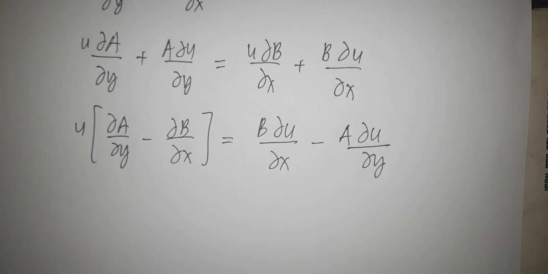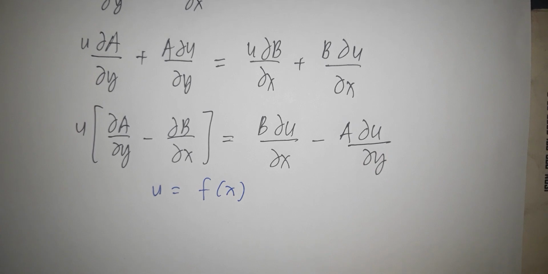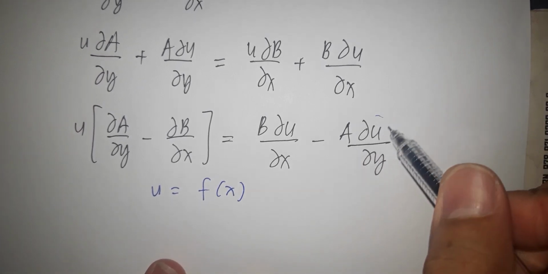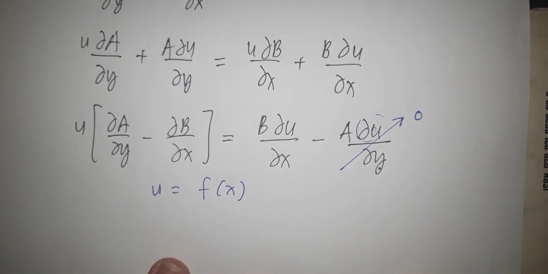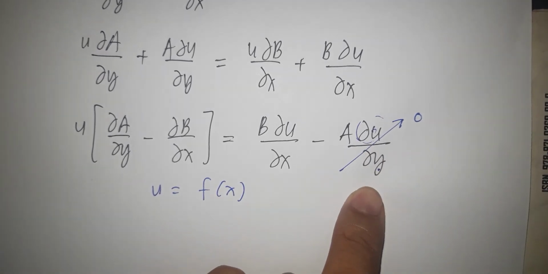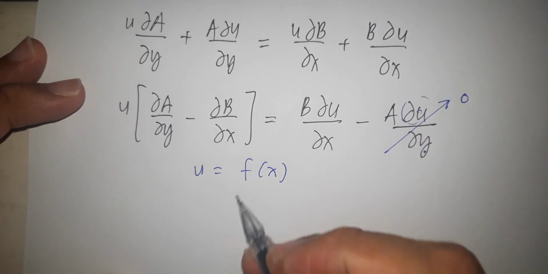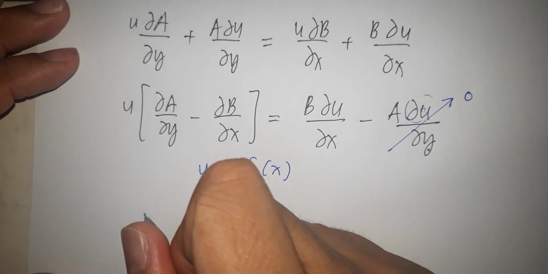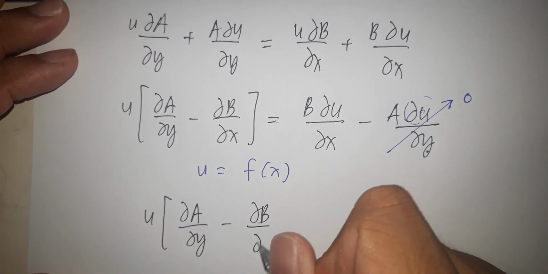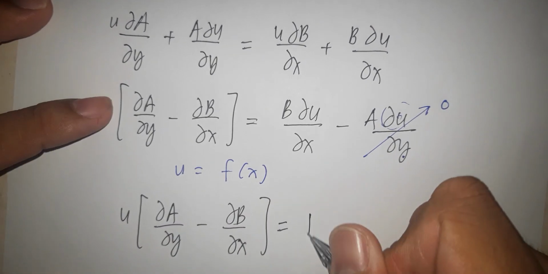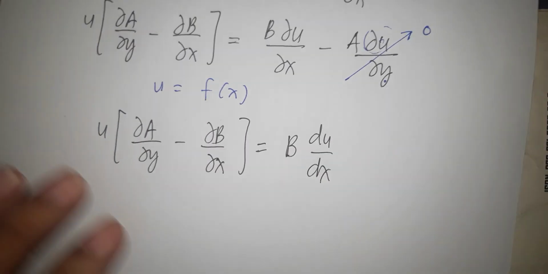So, kung ilelet natin ang u be a purely function of x, differentiating with respect to y, this becomes 0 because the derivative of a constant is 0 because x is treated constant in here. So, if u is purely function of x, then u partial derivative of A with respect to y minus partial derivative of B with respect to x becomes B, this is function of x, du dx na siya.